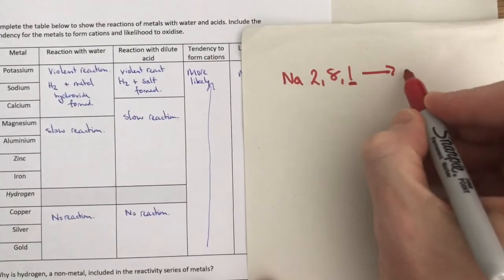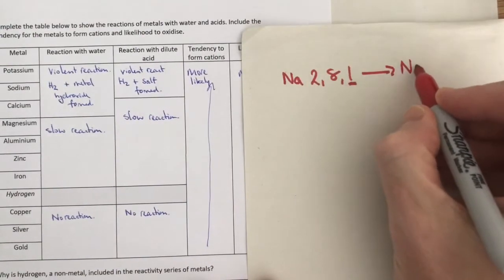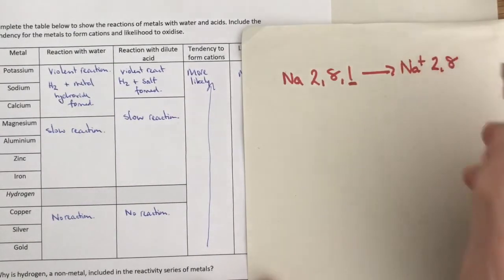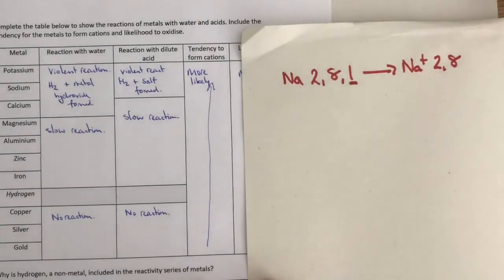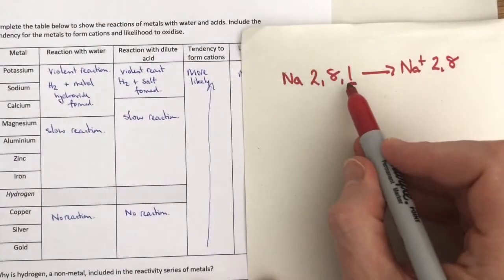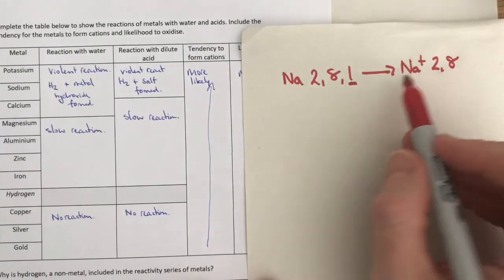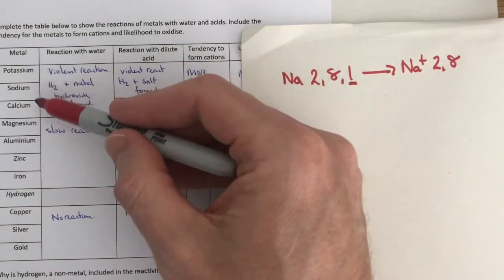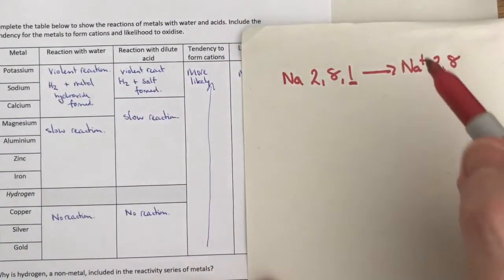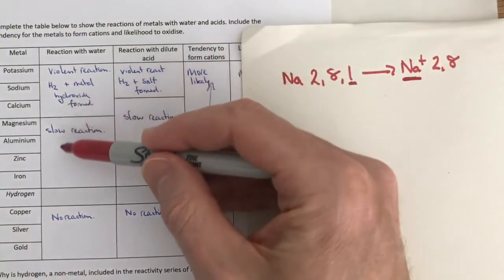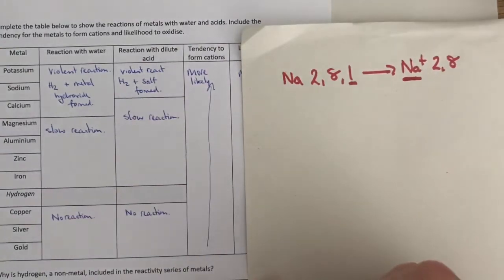What it wants to do is lose that electron to form a sodium ion with the electron configuration of 2,8. That is now stable. Because sodium is very reactive, it's really good at doing this.